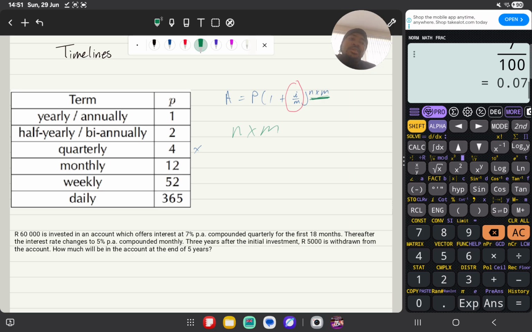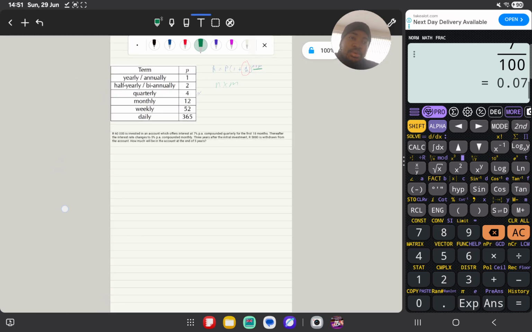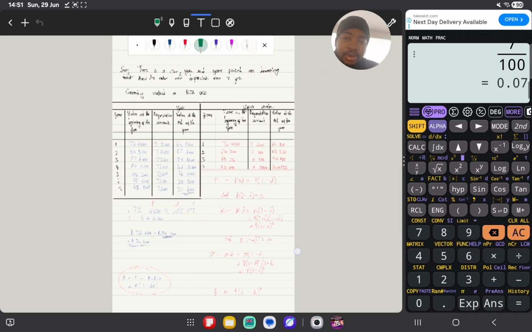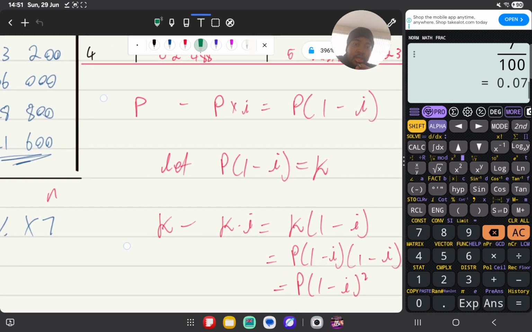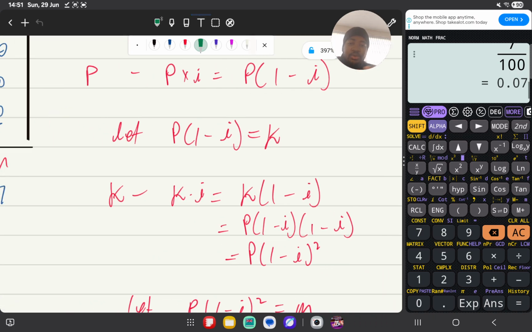Remember in the previous examples that we did, just like here, we worked on this one.